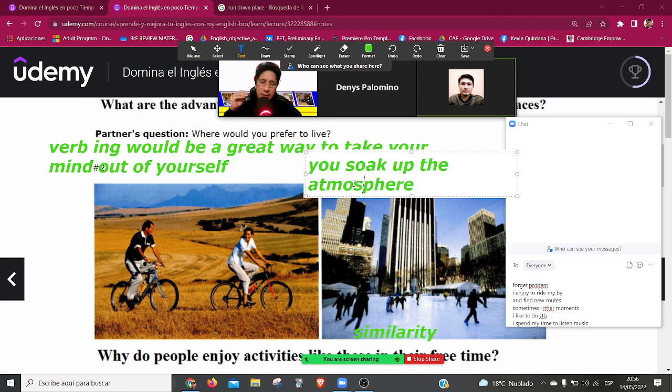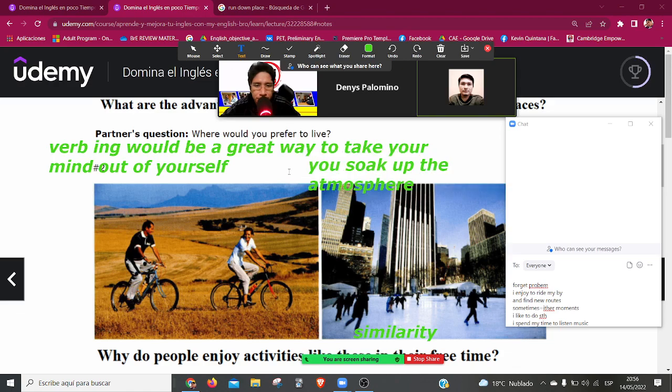Did you understand this amazing expression? Yes. Yeah, for example, when I'm with my family, this takes my mind out of myself because I forget about my problems, I forget about my debts, I forget about everything. I'm happy just for the time. Did you understand? Yeah.